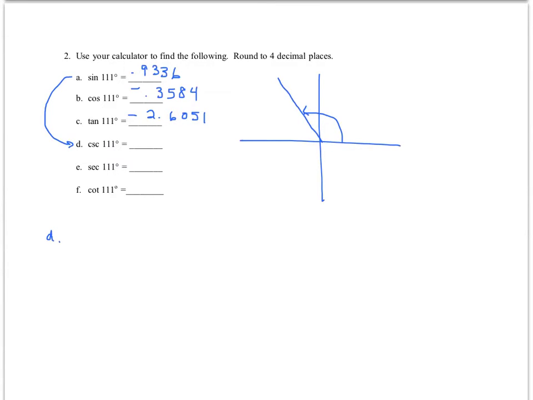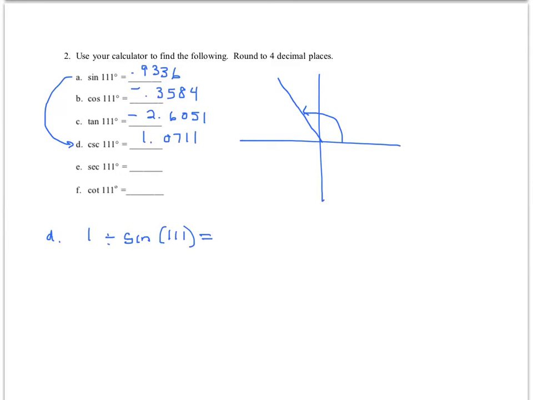Now, the cosecant, again, I'm going to write this out because I want you to remember this. So for D, it's going to be 1 divided by the sine of 111. Don't forget the end parentheses and the equals. And that result will be 1.0711.